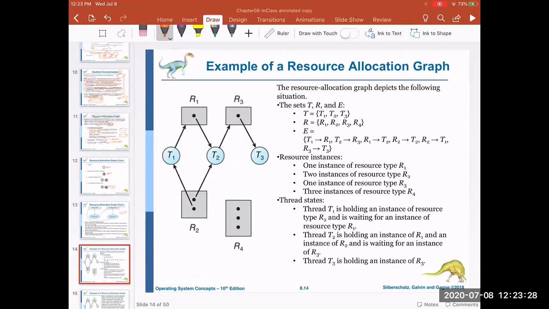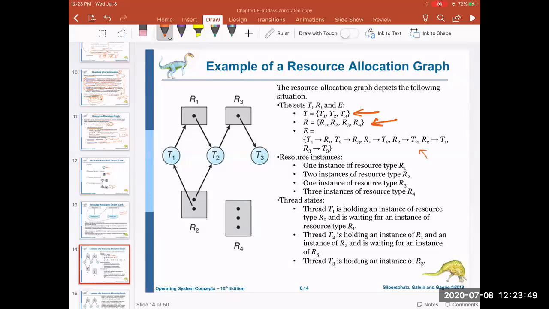Let us suppose we have 3 sets. One is the set of threads, T1, T2, T3. Then we have the resource set, where we have resources R1, R2, R3, and R4. And then we have edges.